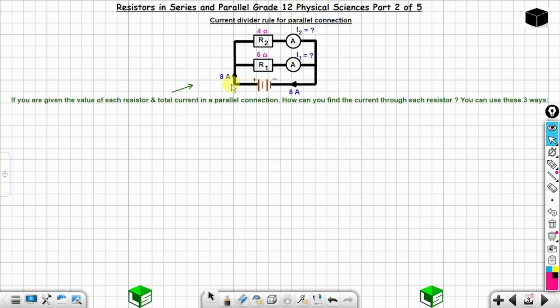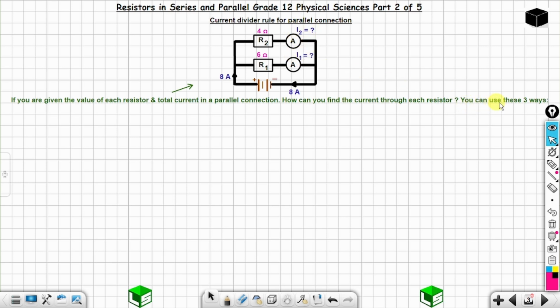You have 8 amperes, which is your total current. It's going to split and then join, and then you are going to have 8 amperes again. Now, how can you find the current through each resistor? How can you find I1 and I2?